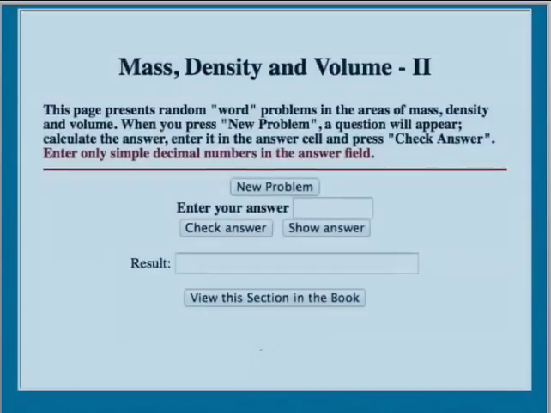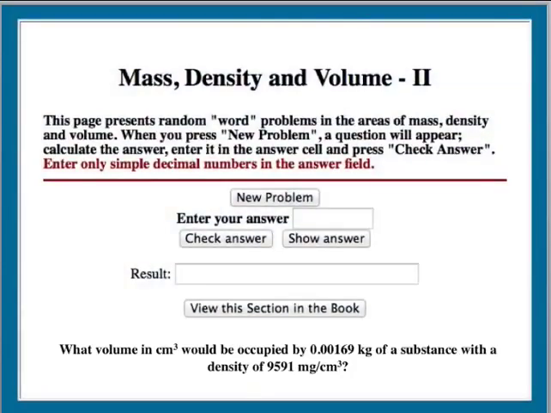Well, if there's a density 1, my gosh, there must be a density 2, right? Only makes sense. Density 2, instead of a table, we have a word problem. Yuck, right? Everyone hates word problems, but they're very simple. We're looking for a volume.